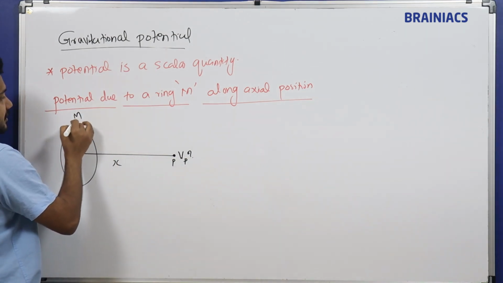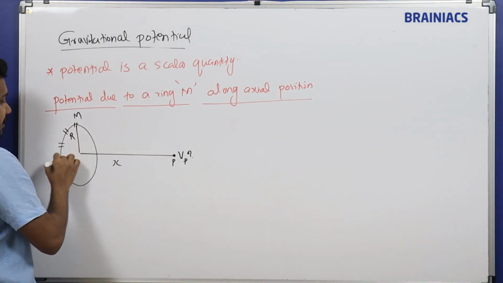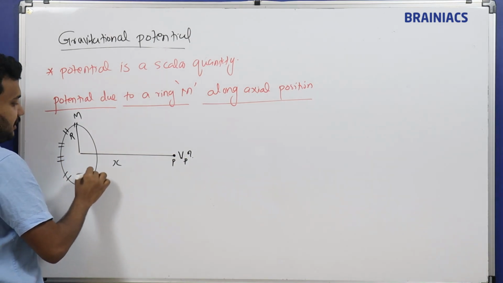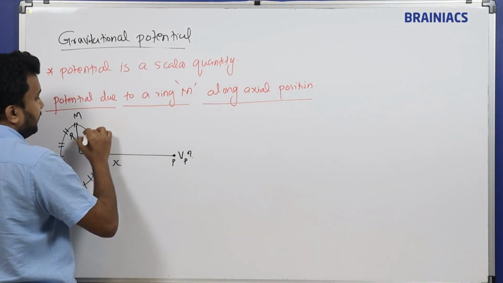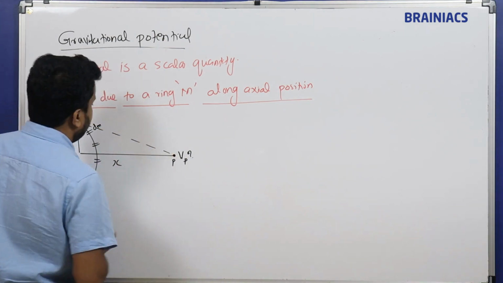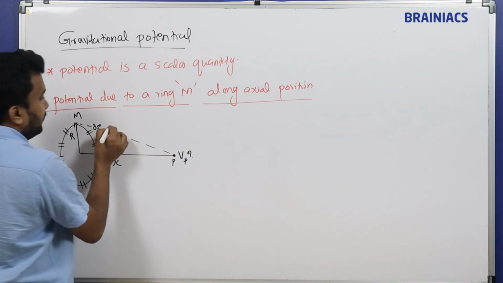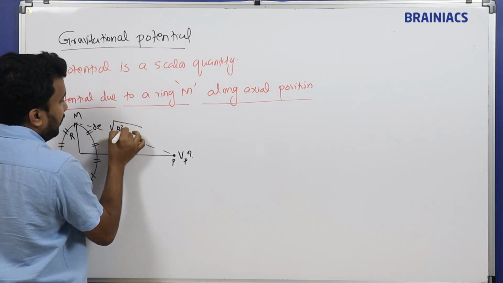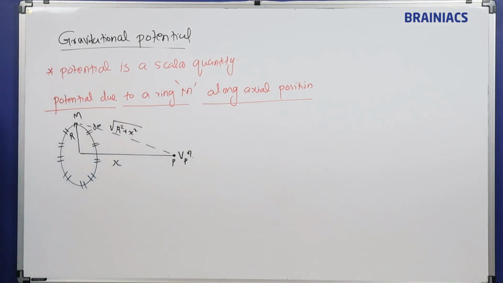So here we will consider a small mass called dm. If you take one mass dm from here, it is at a distance of root of r square plus x square.